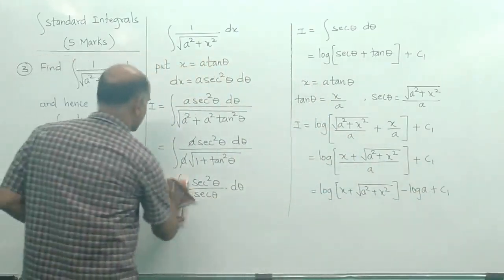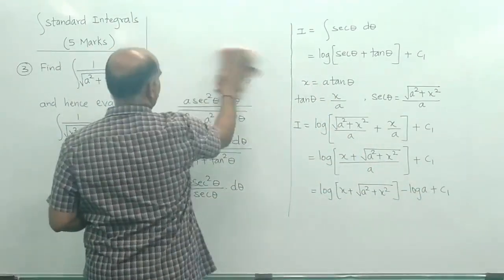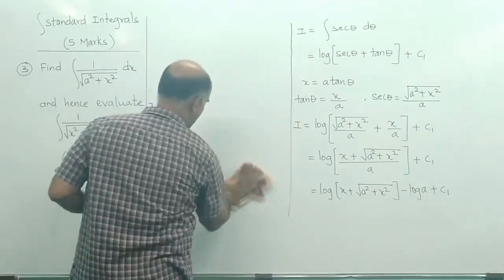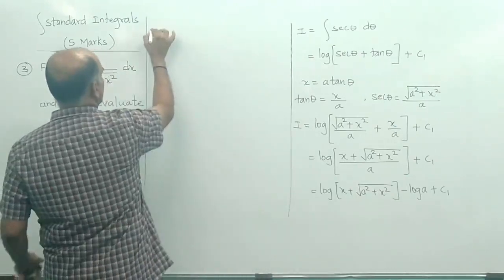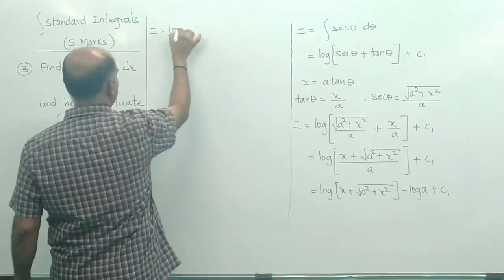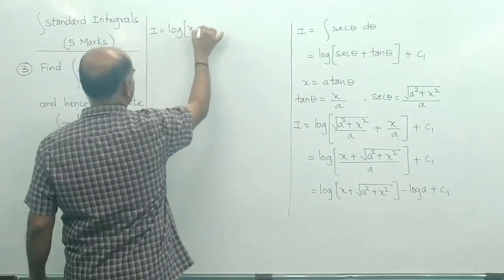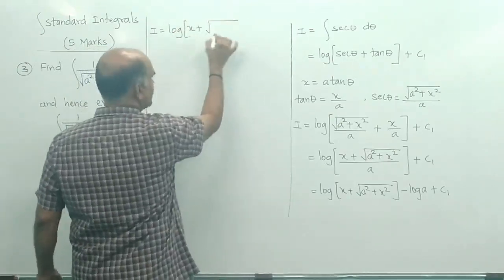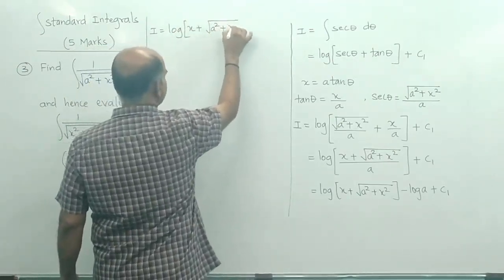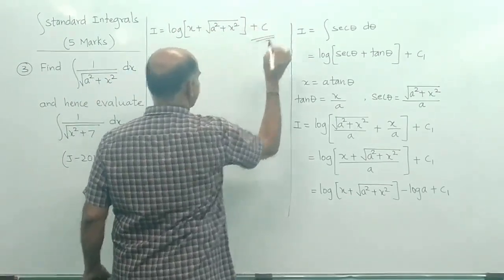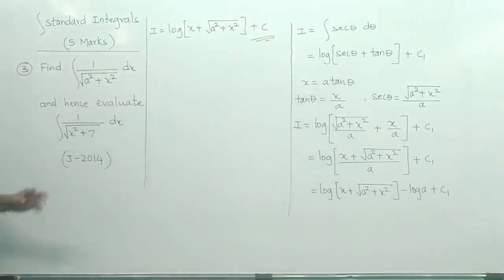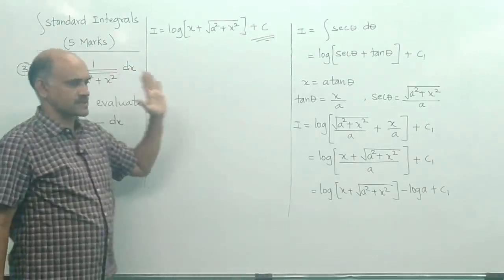So our answer, final answer I is equal to log into bracket x plus root of a square plus x square bracket complete plus c. So this is for 3 marks.